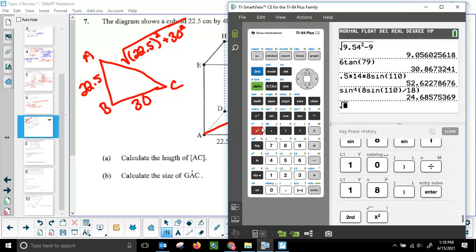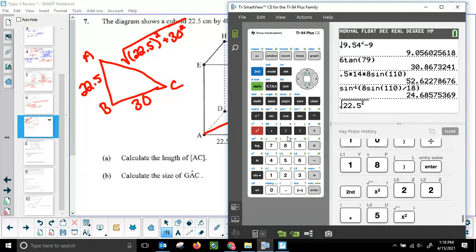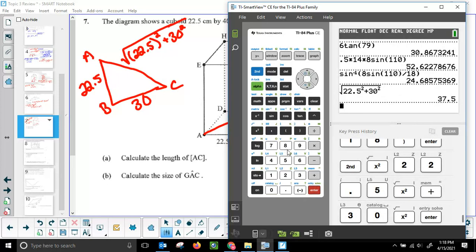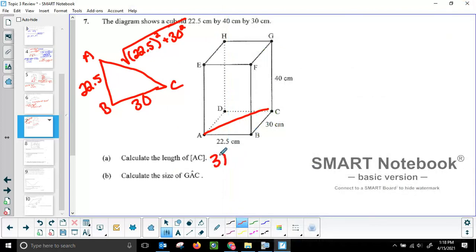The square root of 22.5 squared plus 30 squared. Boom. 37.5. Wow, that worked out nice. All right, so this is 37.5 centimeters. All right, and calculate the size of angle GAC.